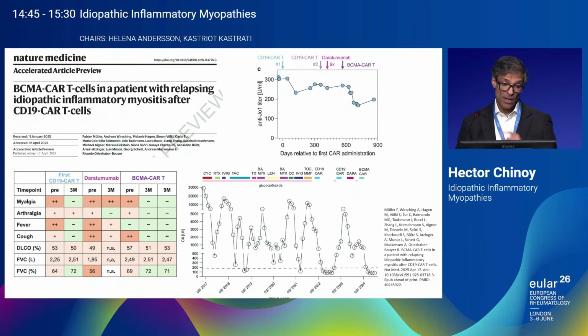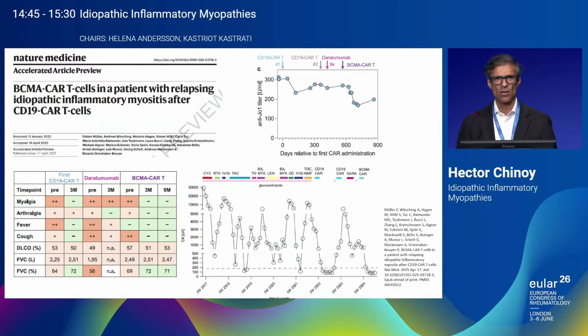This is an interesting study to point you towards, and this was published last year from the German team from Erlangen. It was an N=1, but I just think it's really interesting, of a patient with anti-synthetase syndrome with JO1 who received a CD19 CAR T. There was an initial very good improvement, but then the patient relapsed.